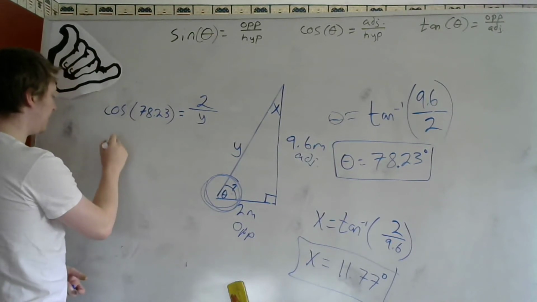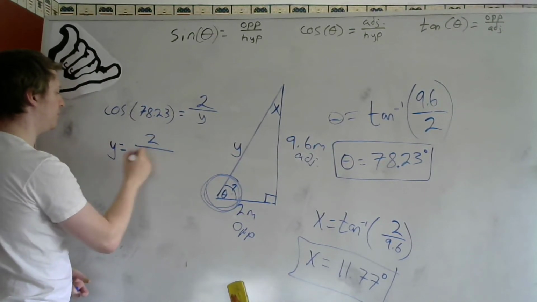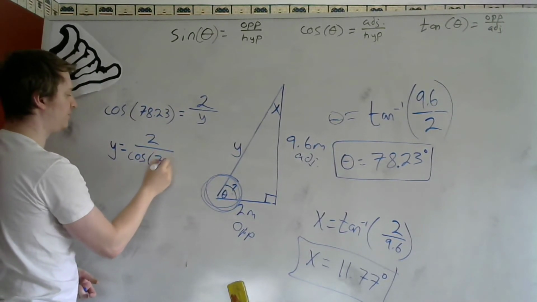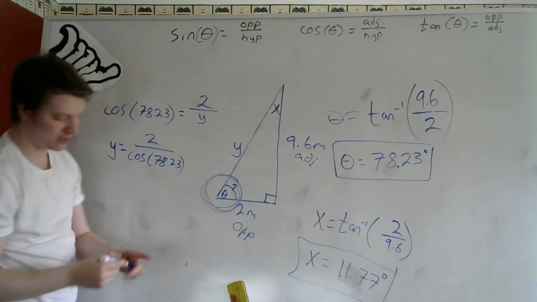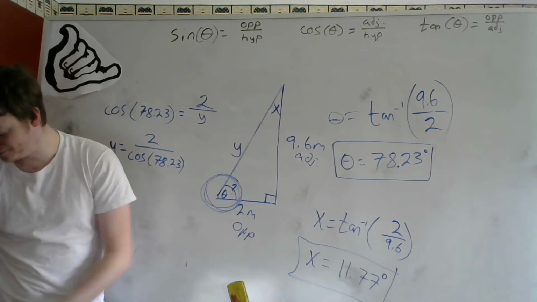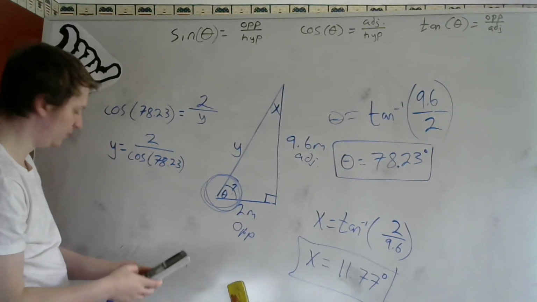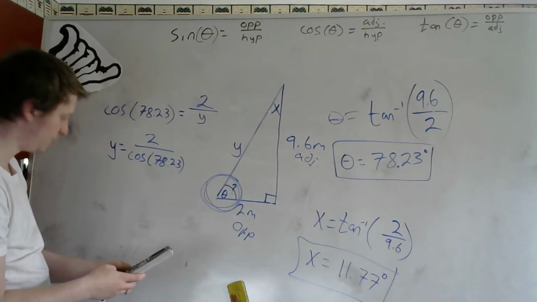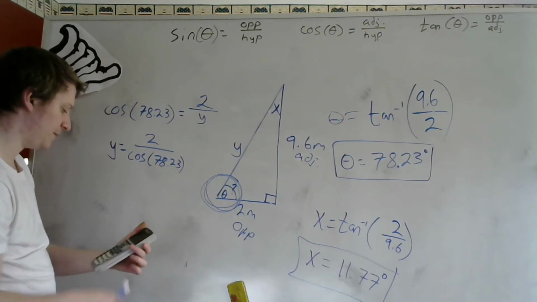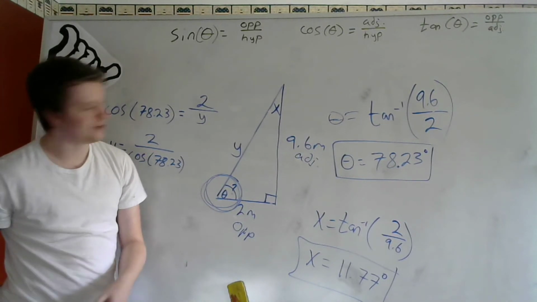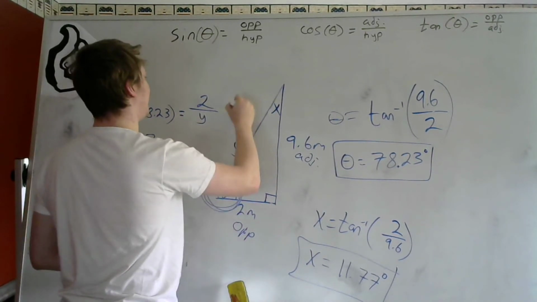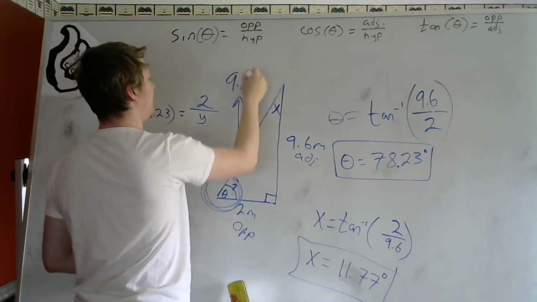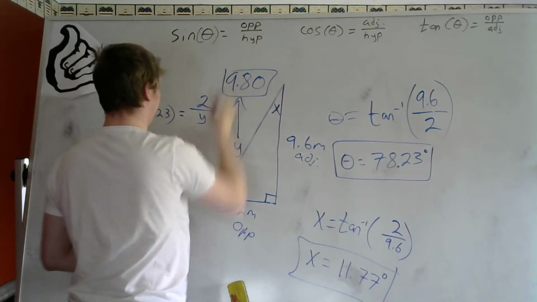Solving for y, I get y is equal to 2 over cosine 78.23. And if you type that into your calculator, 2 divided by cosine 78.23, I'm coming up with 9.80, and then some other numbers, but 9.80. That's what y is.